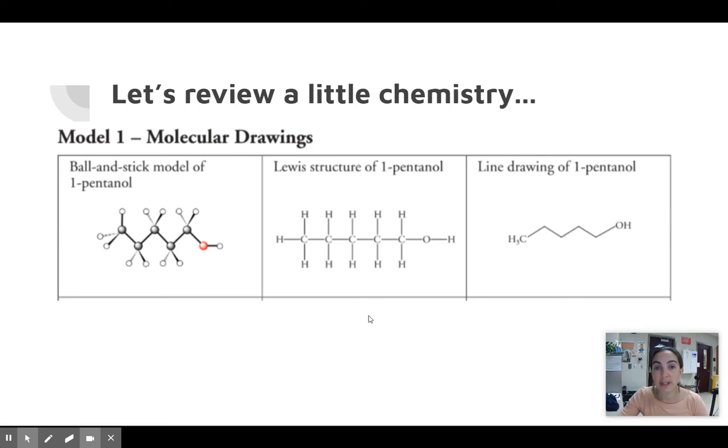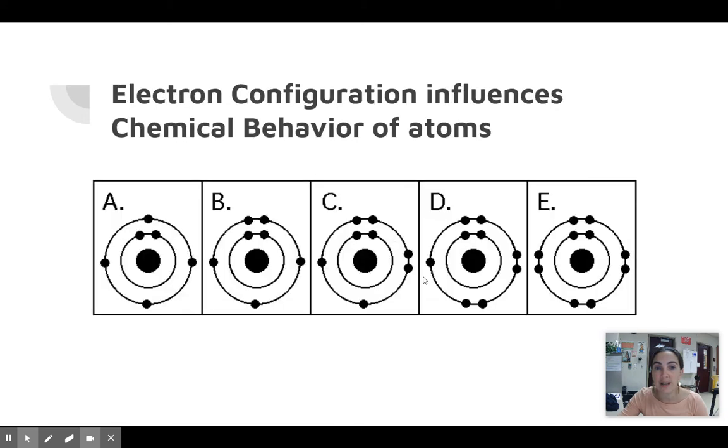If you remember a little bit back from chemistry, the reason that different elements form different numbers of bonds has to do with their electron configuration. So these are just some drawings of the arrangement of the electrons in an atom. And atoms form bonds in order to complete their valence shell, that outer level. You can see, letter C on here is an atom of oxygen. It has 8 total electrons. And you can see in that outer level, there are 2 available openings.